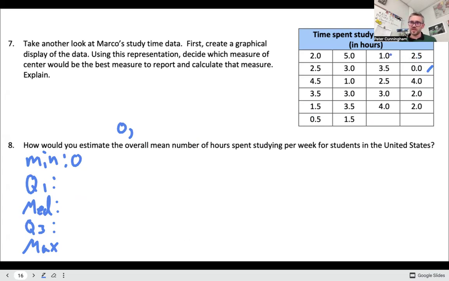Anything with decimals, got 0.5. More with a 0 on it? No. Anything with a 1? We got 1.5, but there's a 1.0. That's our lowest one. All right, we got a 1.